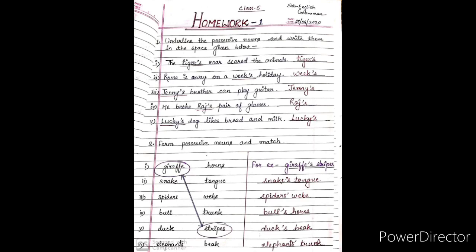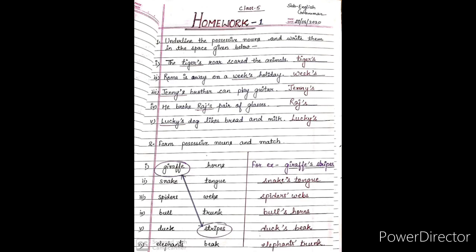Clear? Because spiders over here is plural and I have already told you in a plural noun we just add an apostrophe to it. Now next is bull. Bull is a singular noun. We'll put apostrophe s and it will be bull's horns. Clear? Now duck.